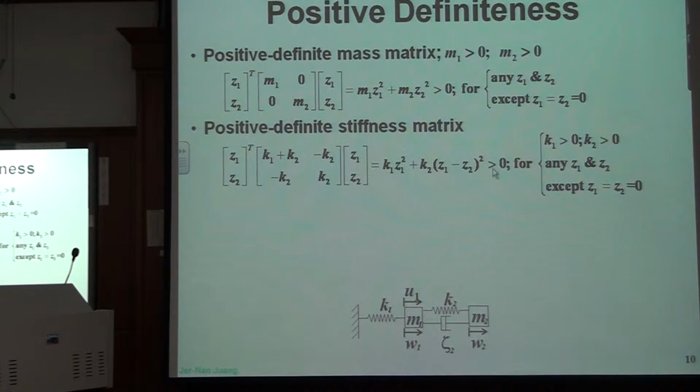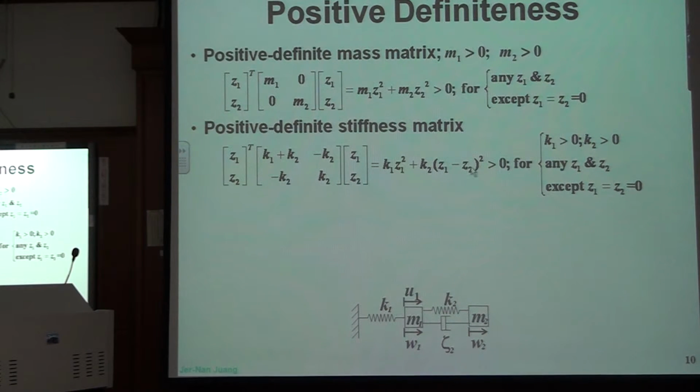And this will be larger than 0 if k1 is larger than 0 and k2 is larger than 0, for any non-zero z1, z2, except z1 equal to z2 equal to 0. True, right? Yes, it has to be. If k1 is larger than 0, z1 square is larger than 0. If k2 is larger than 0 and z1 and z2 are equal, then z1 minus z2 is equal to 0, but the total is still larger than 0.